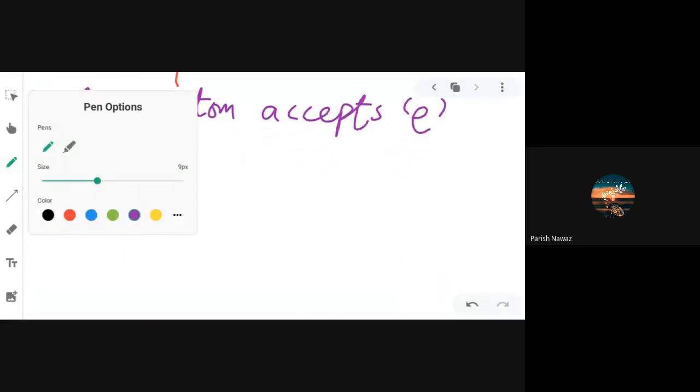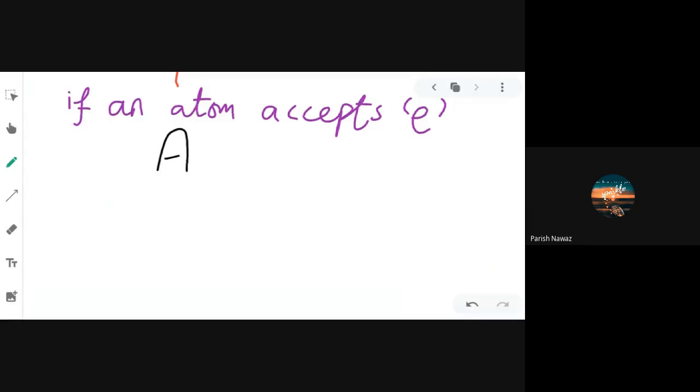It becomes anion, and it has a negative charge. Yes, exactly. It has a negative charge.